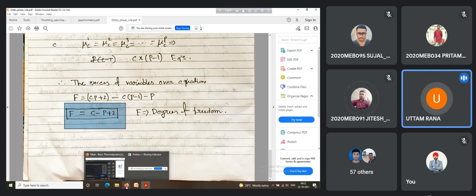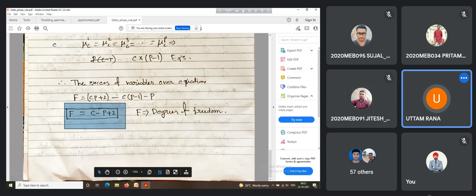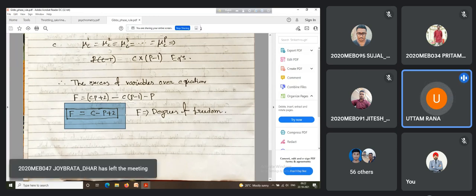Yes, sir. Okay. So what will be the degree of freedom, or how many variables are to be specified? C is equal to 2, P is equal to 1. So C minus P plus 2 is 2 minus 1 plus 2, so 3. So you will see when you study psychrometry, you need to specify temperature, pressure, and any one of the properties, maybe composition, maybe mole fraction or mass fraction or any other quantity which is a function of any one of these quantities.